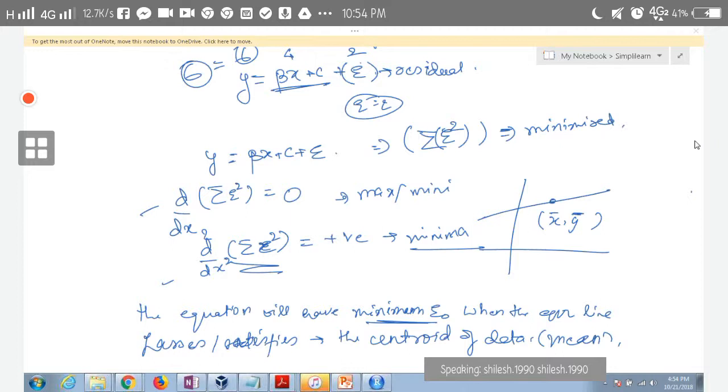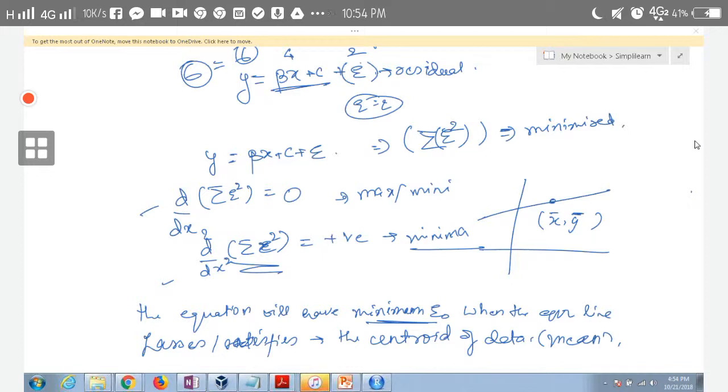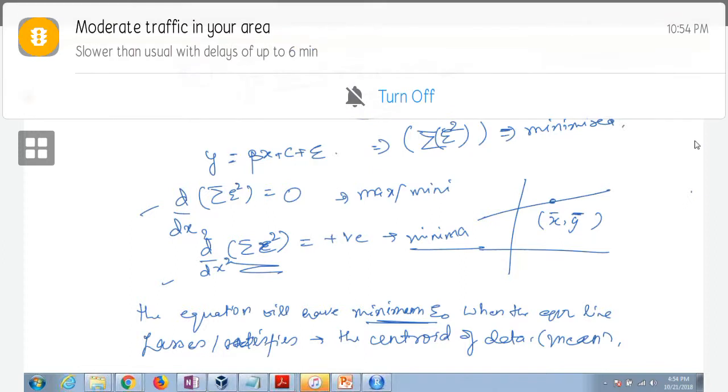Not able to follow. Did not understand dy by dx. Don't worry, you don't have to understand actually. Dy by dx is differentiation. It is calculus. So if you don't have mathematics in your intermediates, you will not be able to understand much.